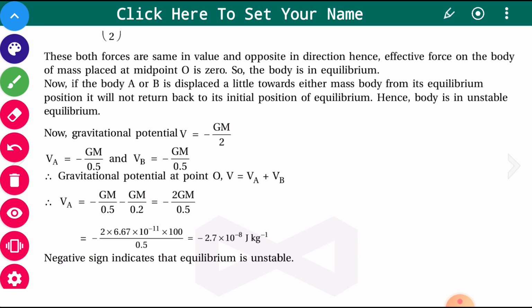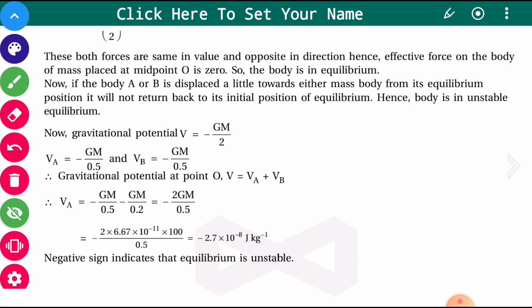Now if the body A or B is displaced, either A or B, not both, a little towards either mass, the body from its equilibrium position will not return back to its initial position of equilibrium.